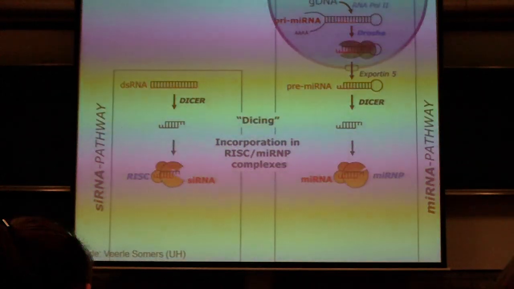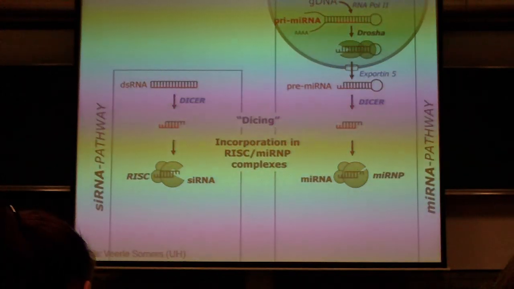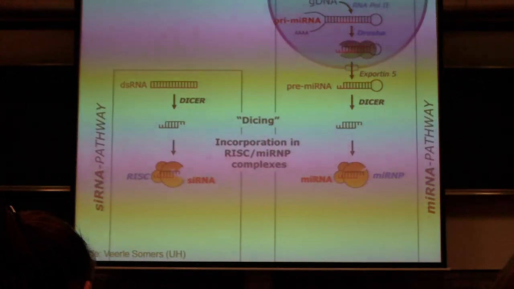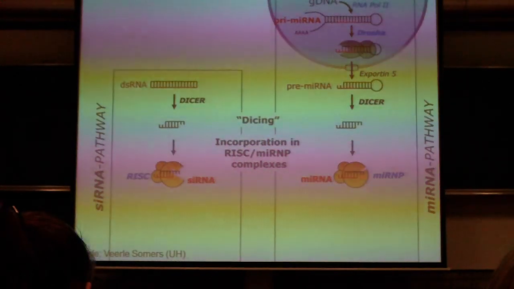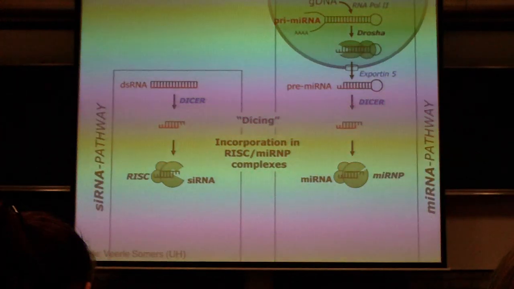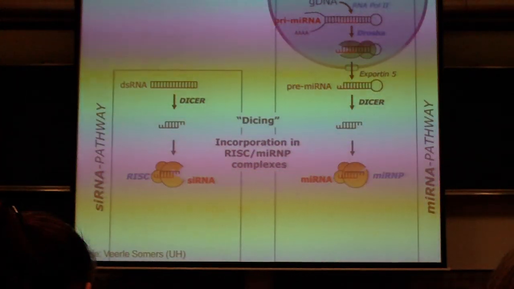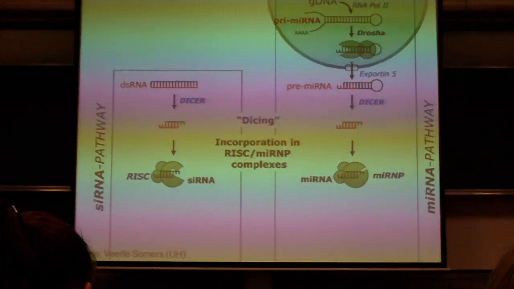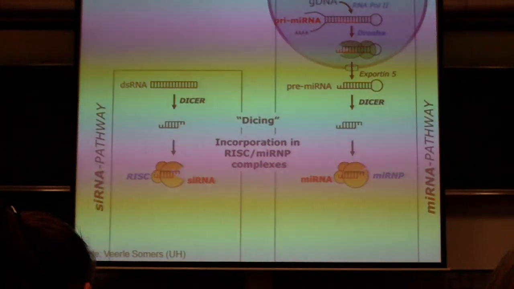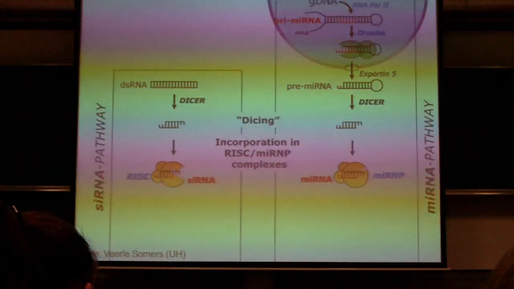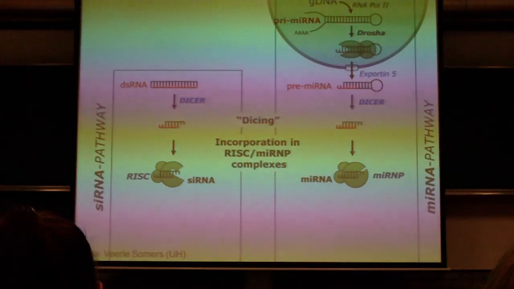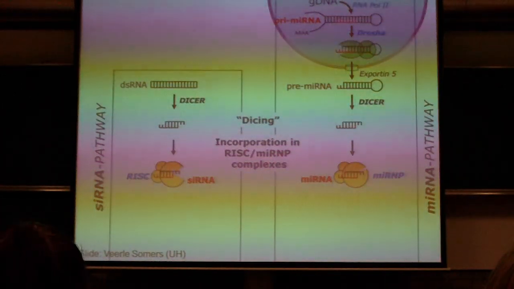RISC stands for RNA-induced silencing complex. It's a protein complex that consists of several proteins, including, for example, Argonaute 2, which is often used in the lab as a method to study the RISC complex functionally. So both the siRNA and the microRNA are incorporated in this RISC complex.